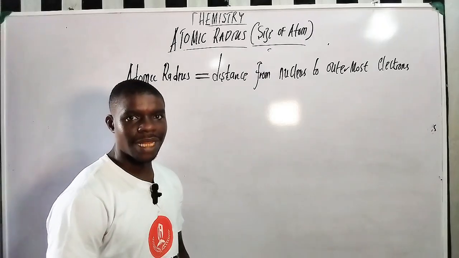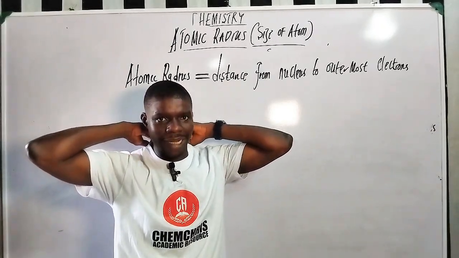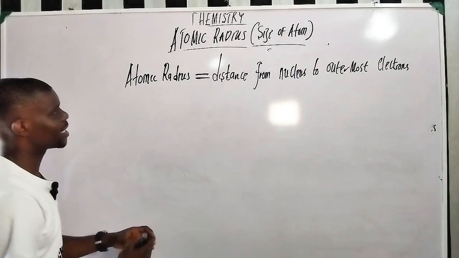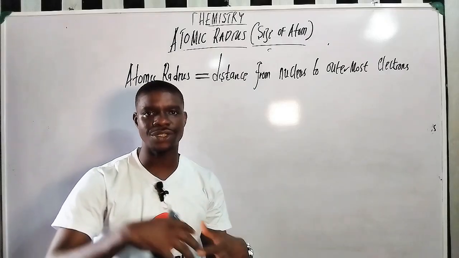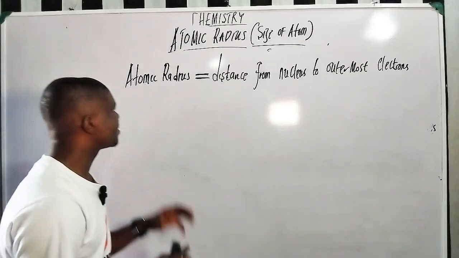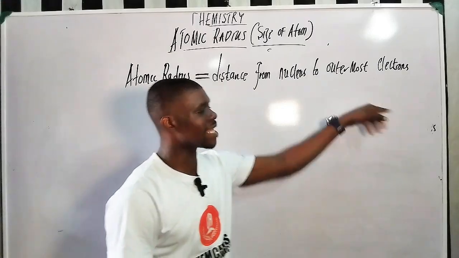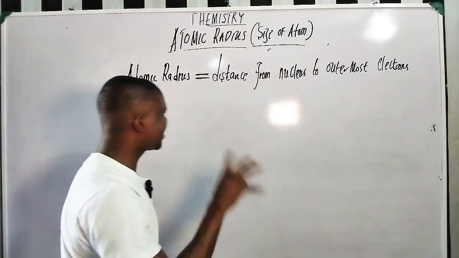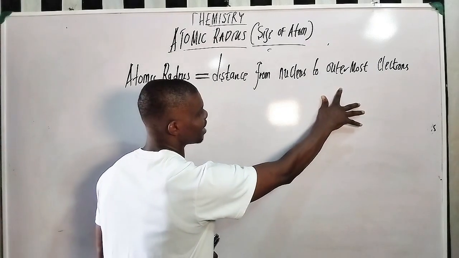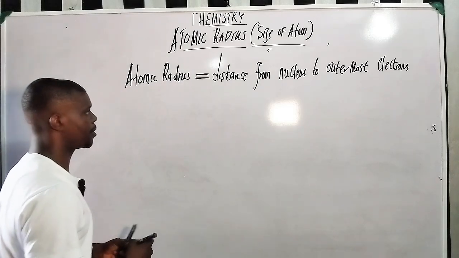So now let's look at the first one, the atomic radius, which is called the size of the atom. The atomic radius is equal to the distance from the nucleus to the outermost shell, and I will explain it to you here.